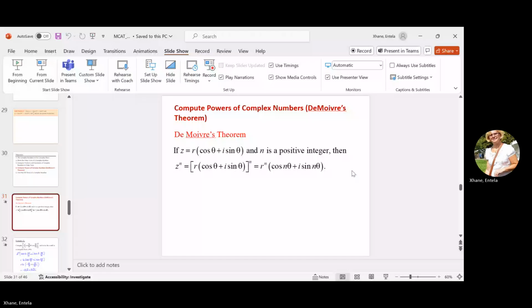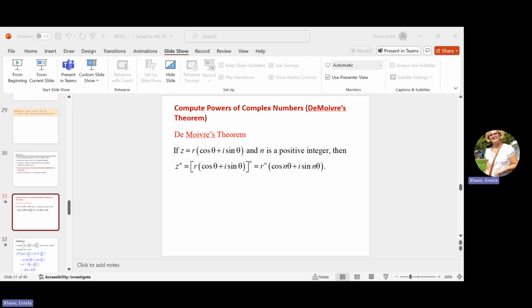De Moivre was a French mathematician who did a lot of work on complex polar and coordinate systems. We recognize the work that he did. One part of the work is generating the formulas that allow you to compute the powers of complex numbers. De Moivre's theorem is extremely popular. We use the result of the theorem that allows you to compute powers of complex numbers.